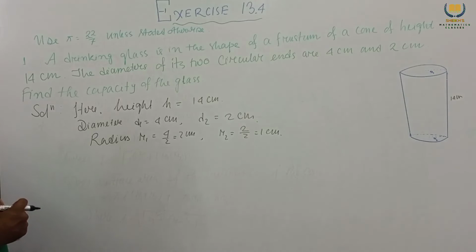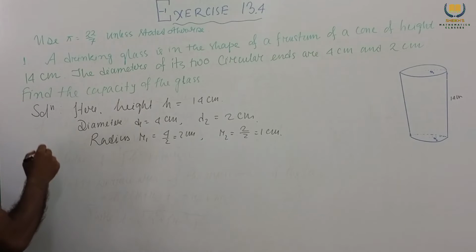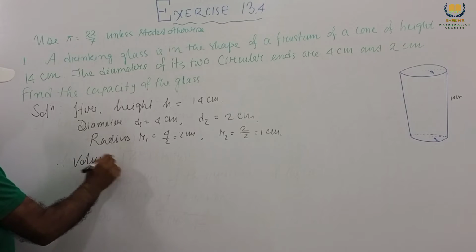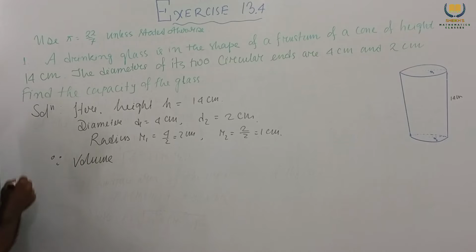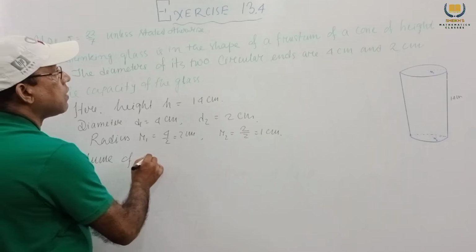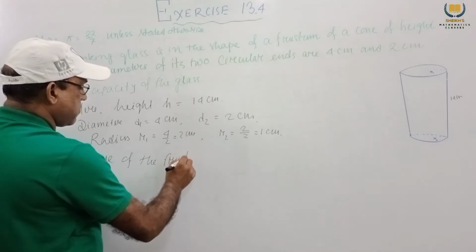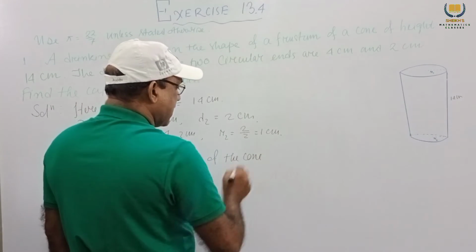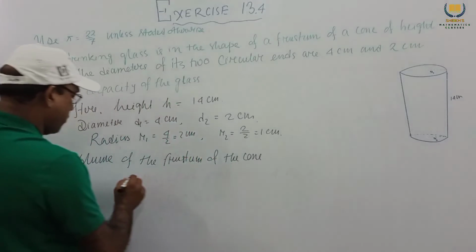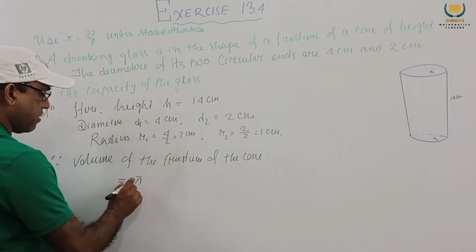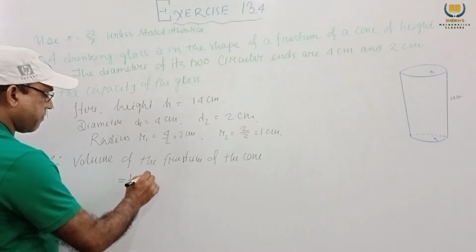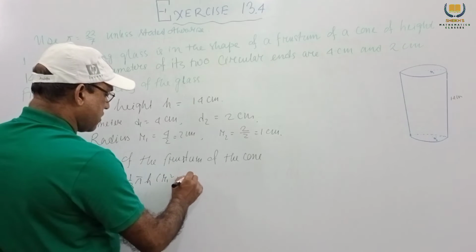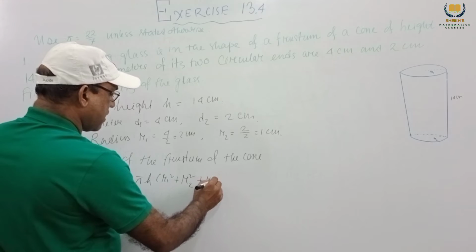Now we find volume, therefore capacity. Since volume of the frustum of the cone, that means the glass, is equal to, we know the formula, 1 by 3 pi h (r1 square plus r2 square plus r1 r2).